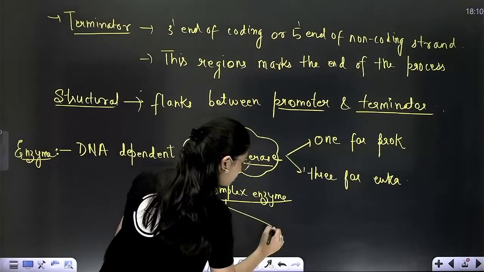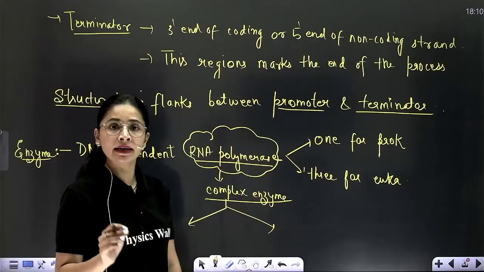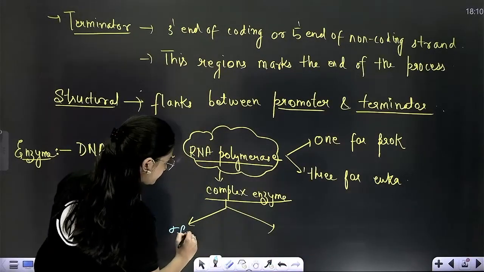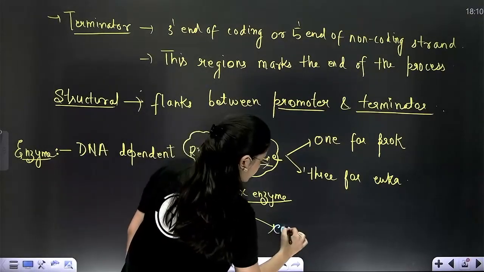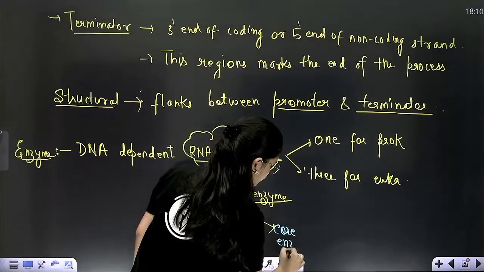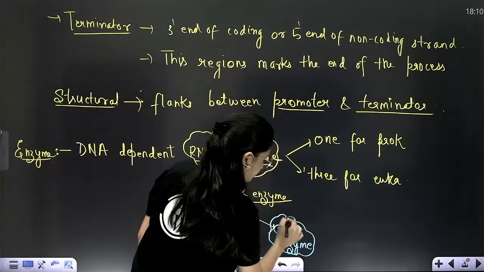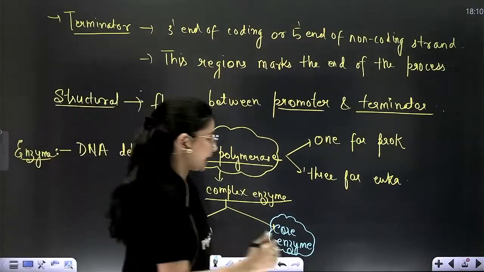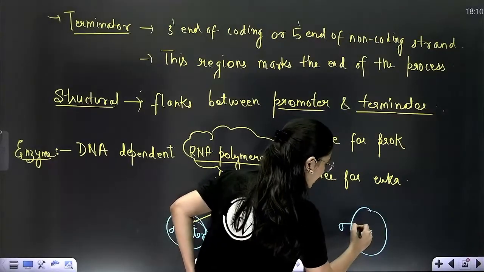The 2 components of RNA polymerase are the sigma factor and the core enzyme. Sigma factor along with core enzyme.